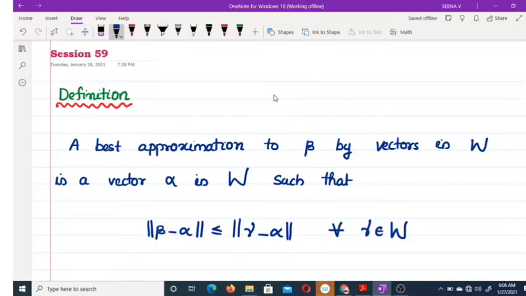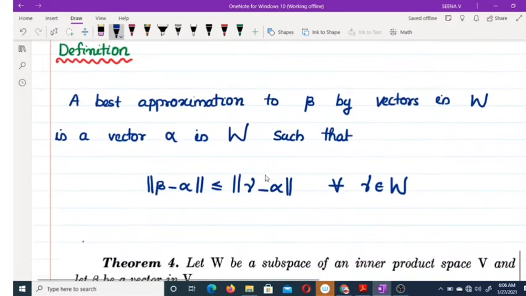Hi, good morning. Today we are going to start one definition, the best approximation to a vector in W. A best approximation to beta by vectors in W is a vector alpha in W such that norm of beta minus alpha is less than or equal to norm of gamma minus alpha for every gamma belongs to W. So, a best approximation to beta by vectors in W is a vector alpha.